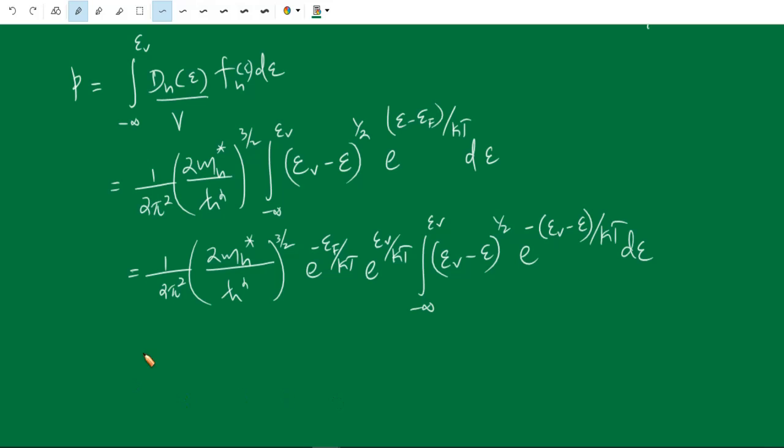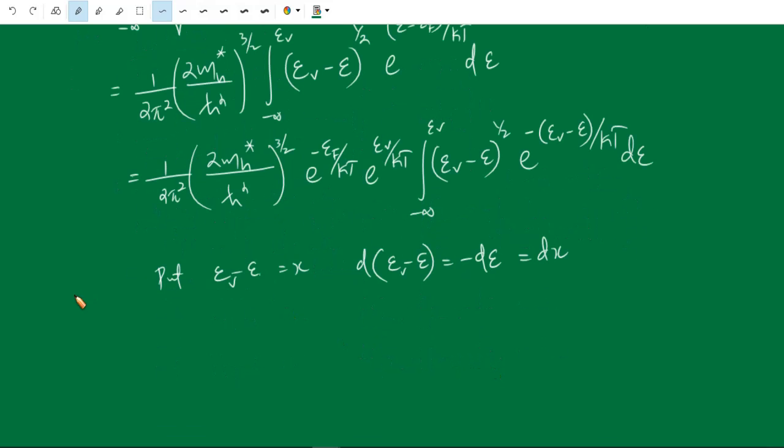Here also we will substitute, put Ev minus E as x. Therefore d of (Ev minus E) is equal to minus dE, equal to dx. So dx is equal to minus dE, or dE is equal to minus dx.